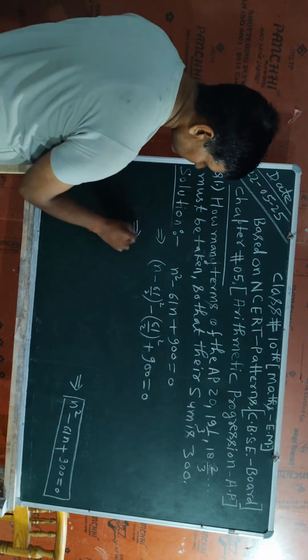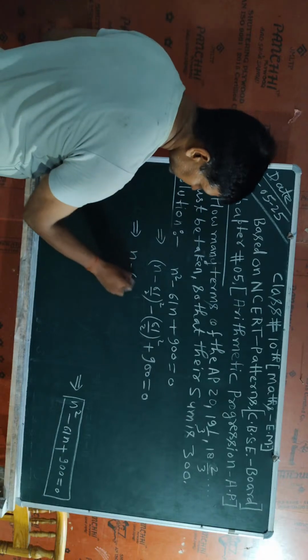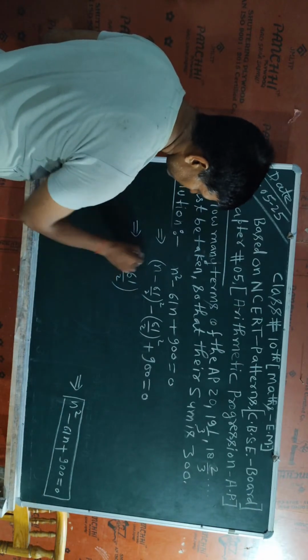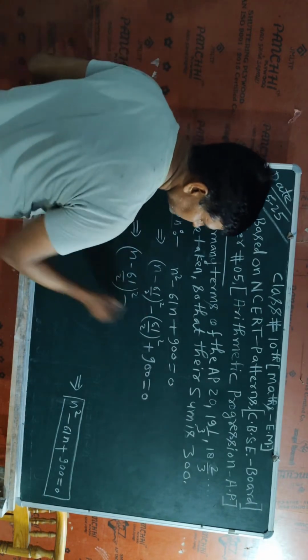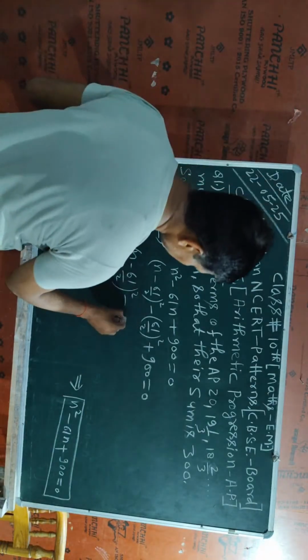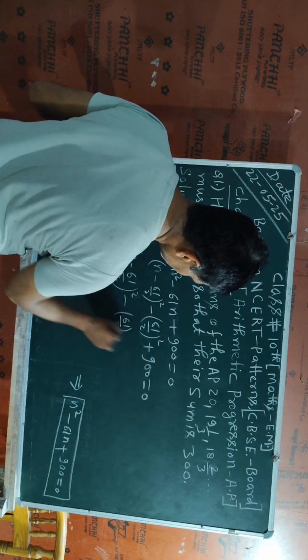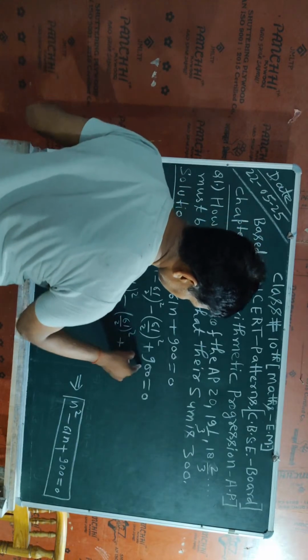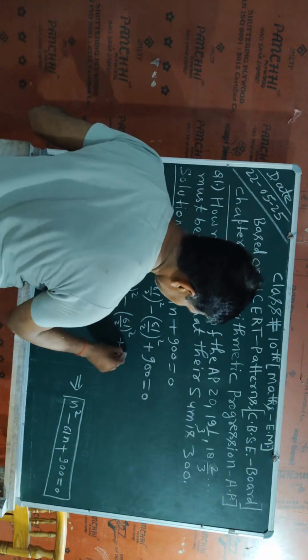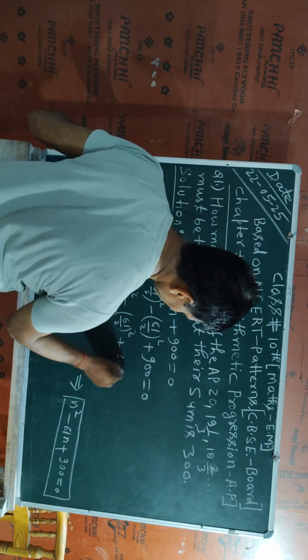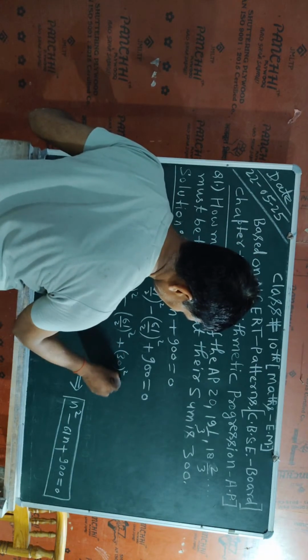So I will put here n minus 61 divided by 2 whole square, minus 61 divided by 2 whole square, plus 900, where I can also write 30 whole square.